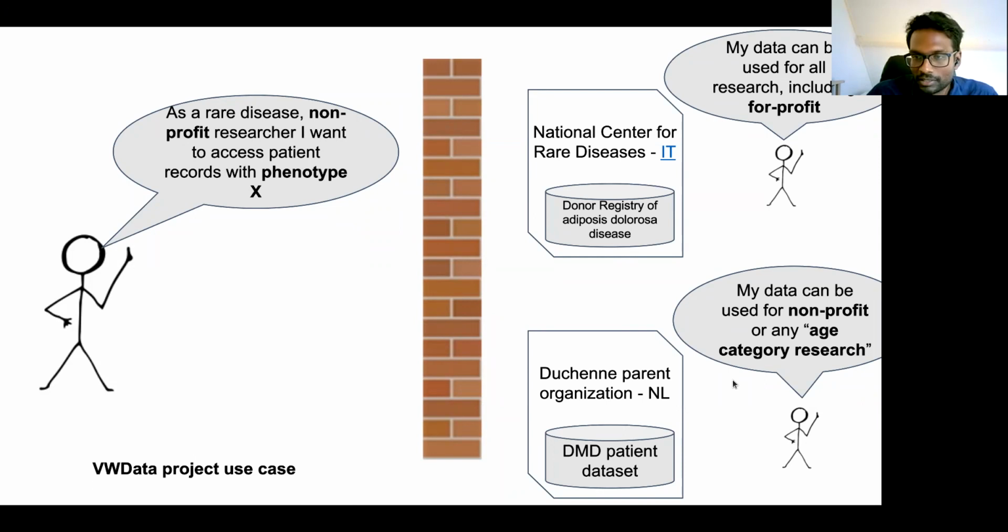This particular data provider has some restrictions on his data sets. He says only non-profit research is allowed, or researchers are allowed to use his data set for a particular type of research. In this case, we put an age category research. We just randomly picked one, but he has a clear restriction on who can access this data set.